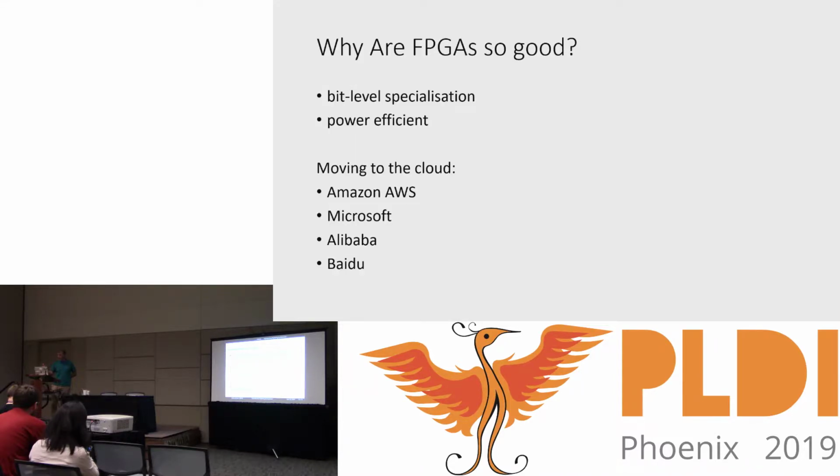So the advantage is that the FPGAs can be really fine-tuned, and if our application needs a specific data type, for example 5-bit integers that we want to use in our convolutions, then FPGAs can really use just 5 bits and no more. And this specialization results in high power efficiency as opposed to general purpose CPUs.